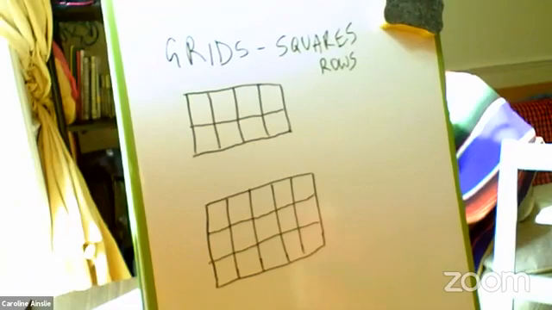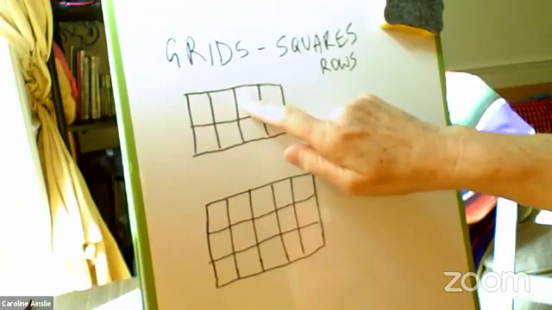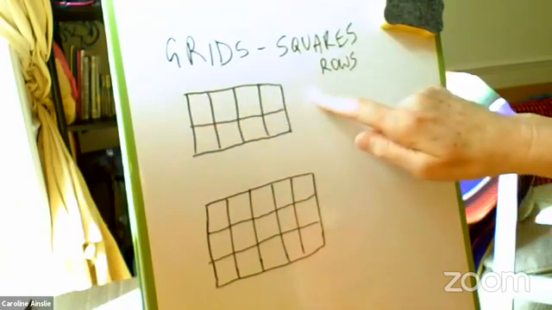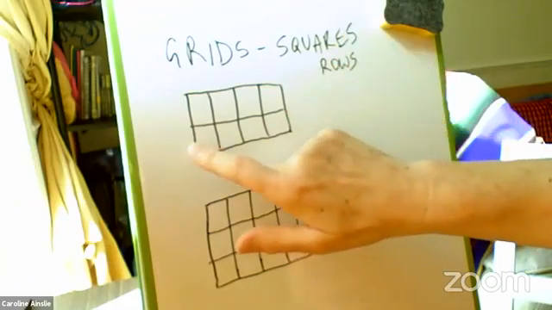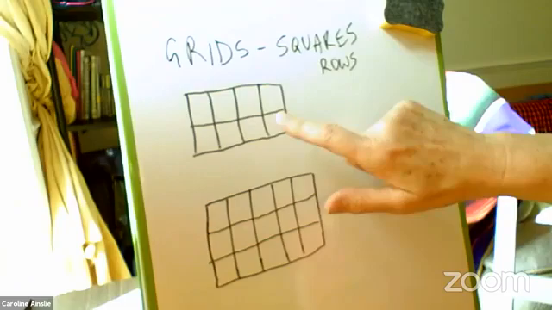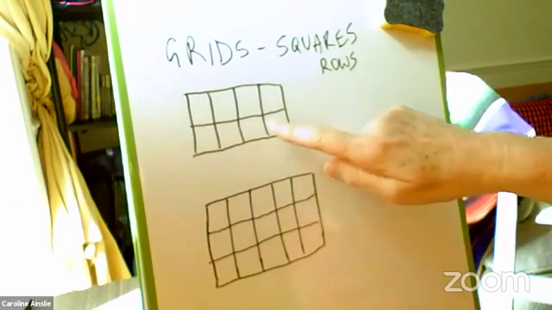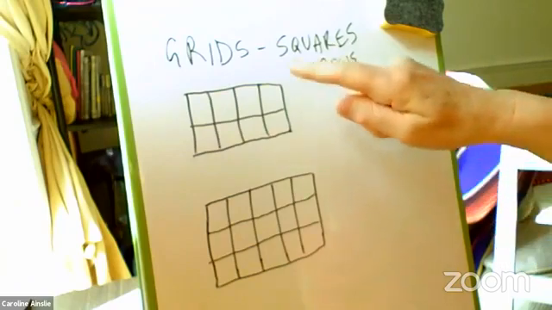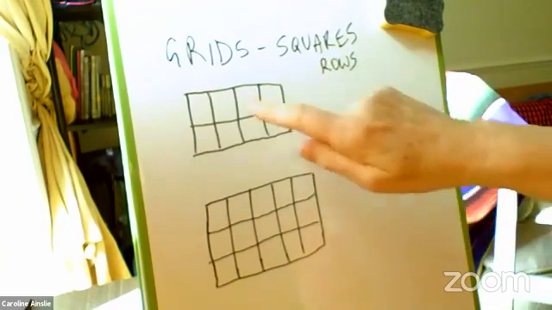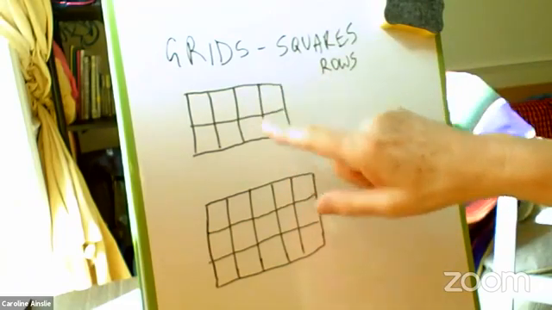First things first, let's count the squares. How many squares have we got? 1, 2, 3, 4. That's the first row. Now, how many have we got in the next row? 1, 2, 3, 4. So that's how many squares we've got going across the row. And then how many have we got up and down? But you don't have to necessarily count them.